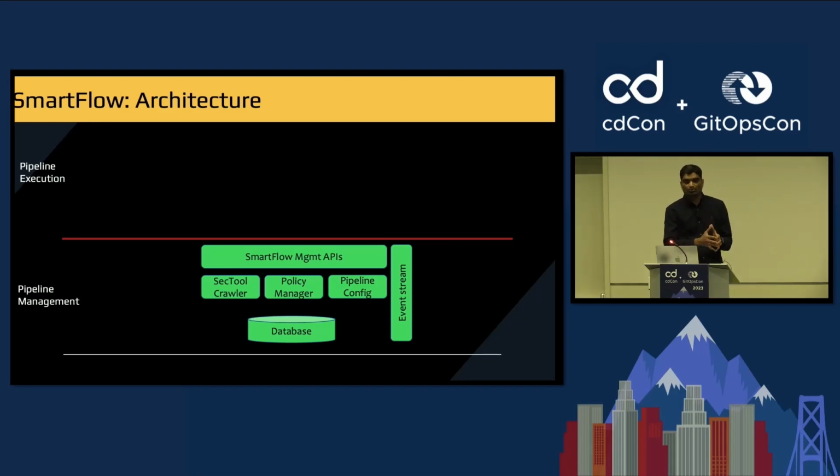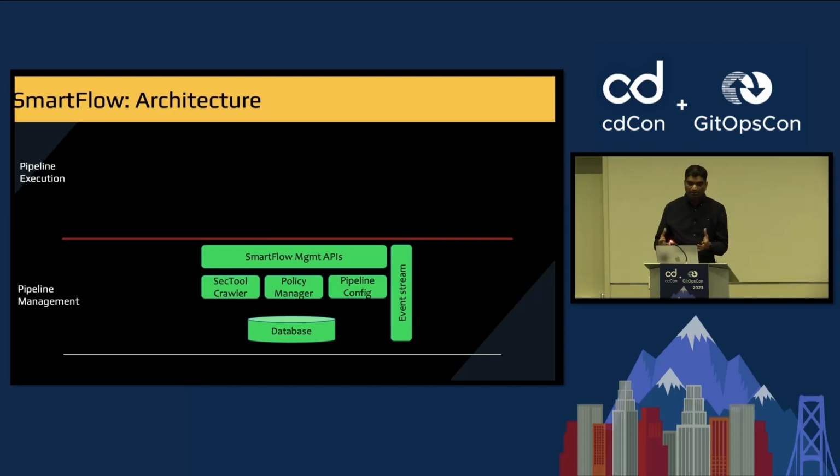When I want to do, let's say, a vulnerability scan, I have a set of tools in the marketplace like Snyk or others, which are the paid versions, or some open source like Trivy that I can just use. The crawler goes ahead and crawls the Artifact Hub, the GitHub Marketplace, and all the marketplaces where these tools are available, and it finds out which tools are applicable for this kind of artifact in this context. These are applicable for containers or monolithic applications or microservices, and it creates a catalog internally, right?